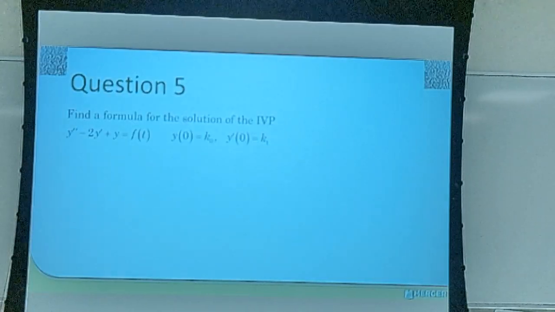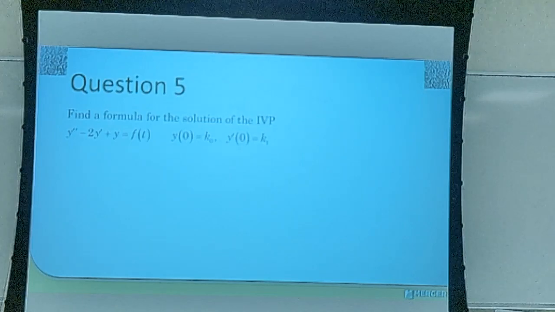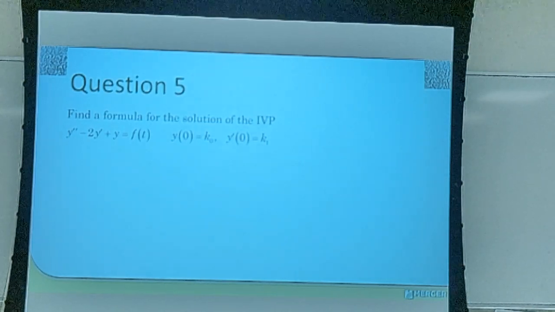So here they want a formula for the IVP. Notice that we can't actually directly solve it. The best we can do is come up with a formula. We're going to start the same way, Laplace transform.